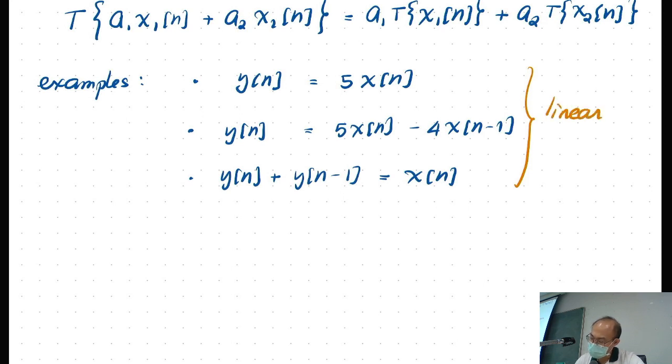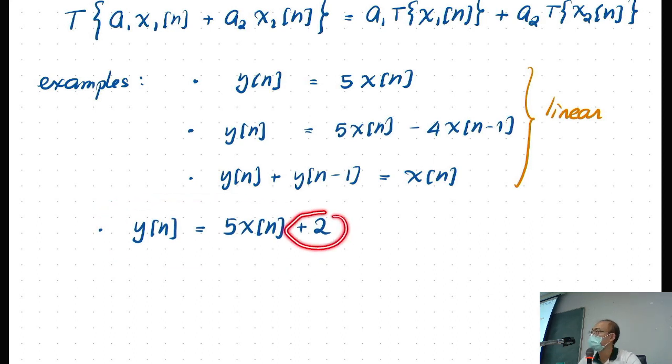Examples of systems that are not linear: y[n] equal to 5x[n] plus 2. The reason this system is not linear is that there is a constant value added. Whenever you see a constant value added, you can safely say that the system is not linear.